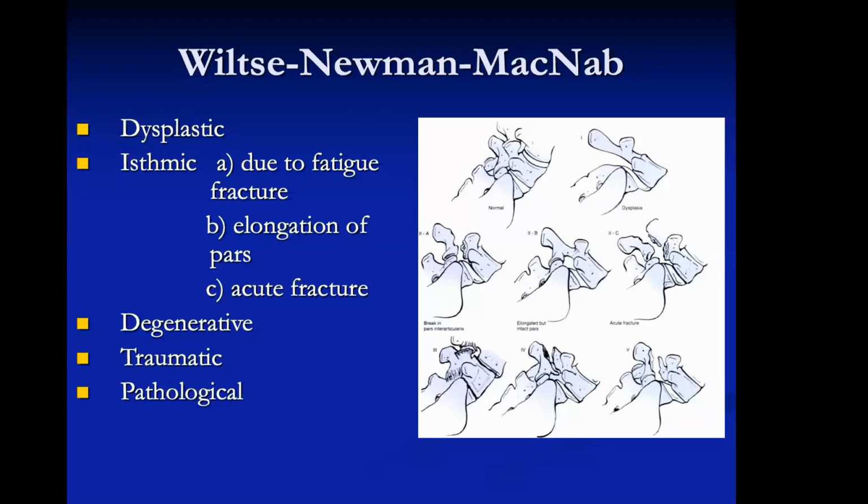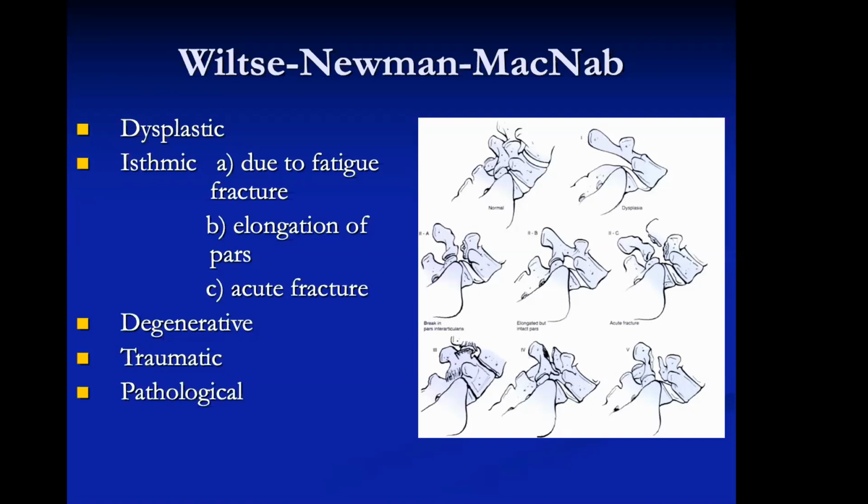The issue is isthmic listhesis and dysplastic listhesis come under a common heading, because the dysplasia that is seen occurs mainly in the isthmic area, and that is the site of origin of most of the cases of spondylolytic listhesis. So the isthmus is the capital of dysplasia, that isthmic region. So you cannot separate dysplasia and isthmic.